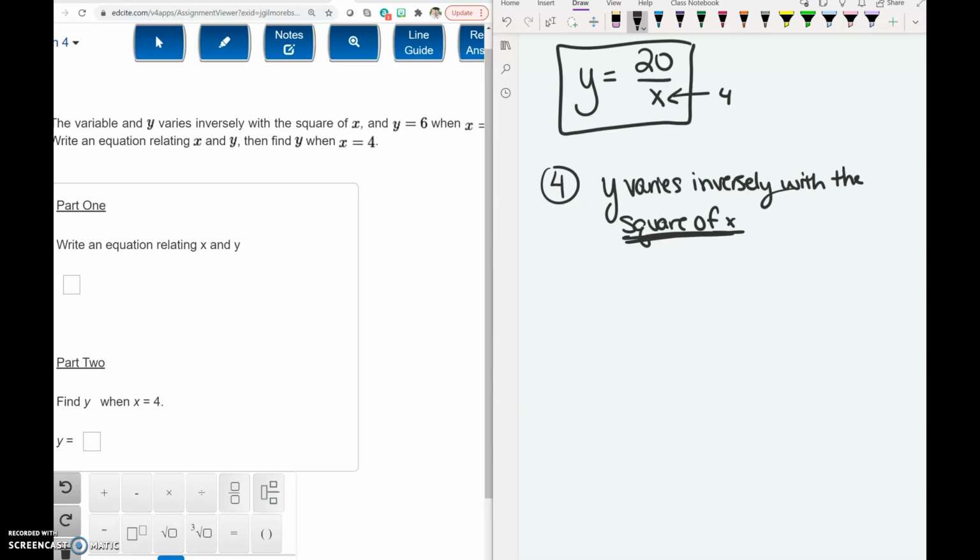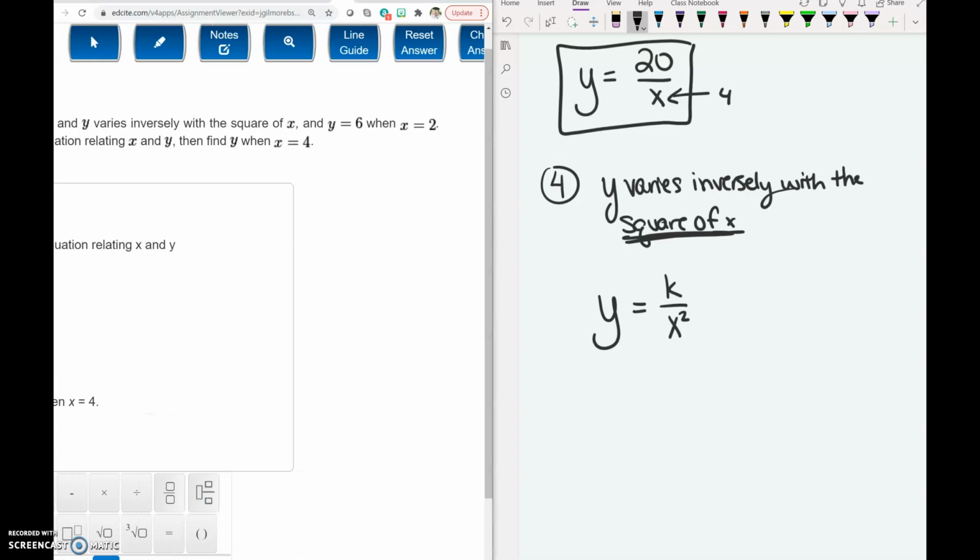Anytime you see with the square of x, that means there's something a little bit different. So it says varies inversely, so we've got this inverse variation situation, but it's with the square of x. So it's y equals k divided by x squared. Then it tells us y is 6 when x is 2.